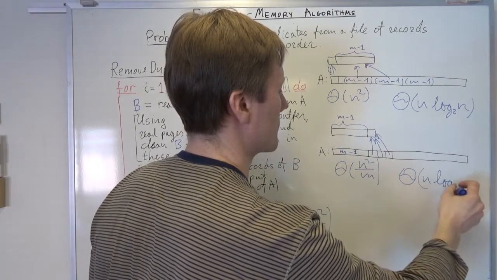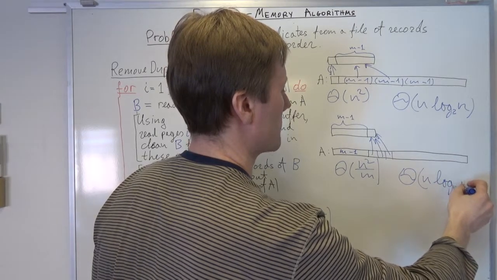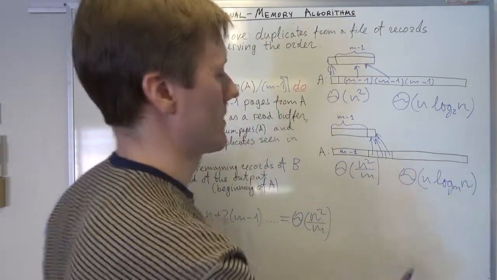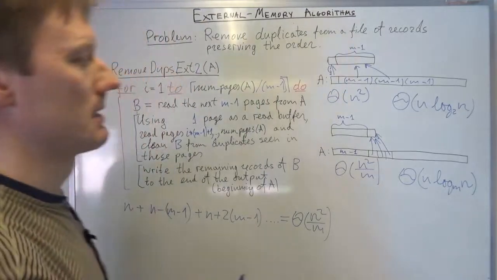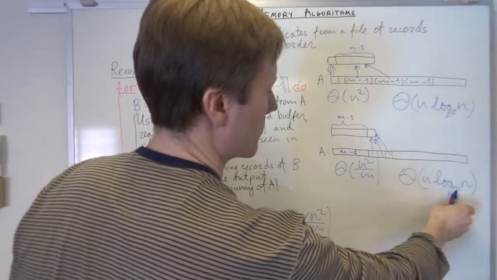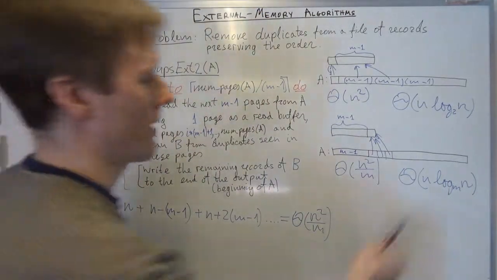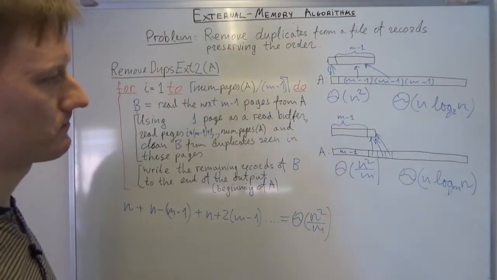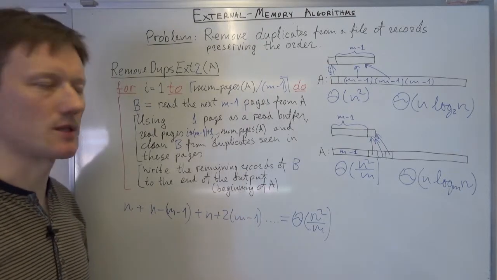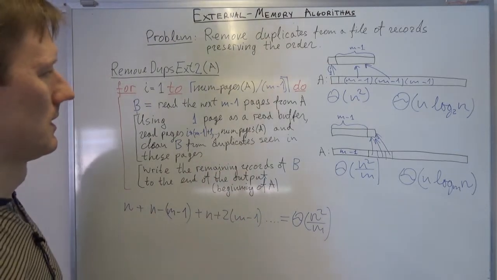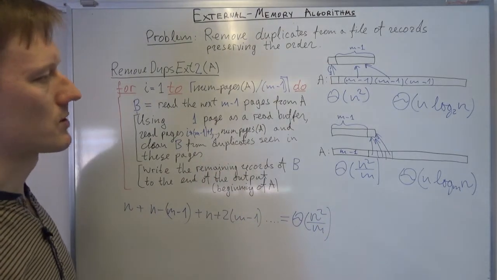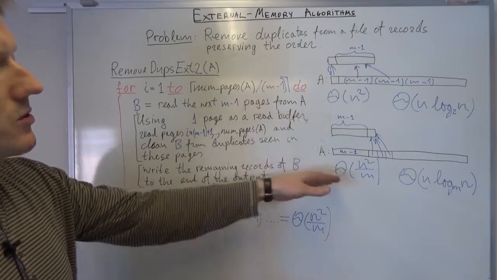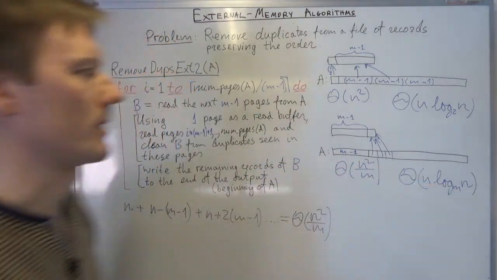So then the algorithm's complexity becomes this. And then we can see that the algorithm can use all the available main memory to speed up. So m for us is not just a constant in these algorithms. This example demonstrated that good external memory algorithms use main memory to reduce the number of I/O operations that they do.